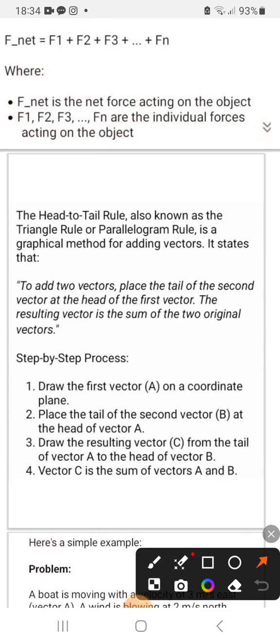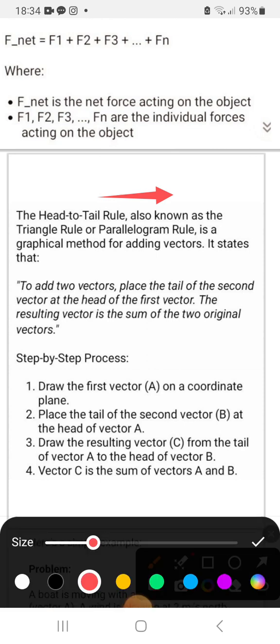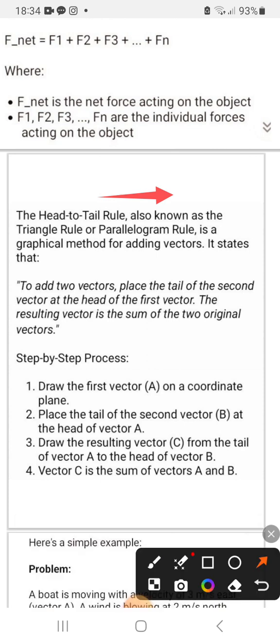Let's see the step-by-step procedure so that you can understand it in a better way. First of all, we draw the first vector A on a coordinate plane like this. Then place the tail of the second vector B at the head of vector A. So I'm placing the tail of the second vector, which is B, on the head of vector A, like this.